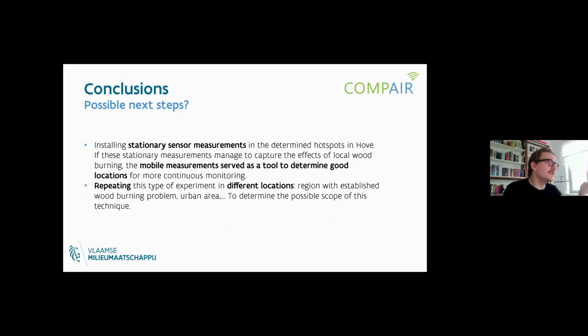We could install stationary sensor measurements in the determined hotspots in Hove, and we could see if these stationary measurements manage to capture the effects of local wood burning. The mobile measurements are essentially a first step in this process. So if a town has a problem with wood burning or there's a big local issue around this, we could use mobile measurements to inform where would be good places to install some sort of stationary sensor network.